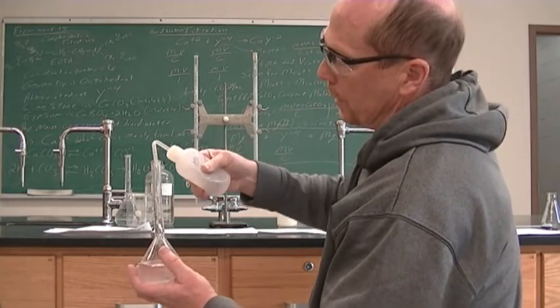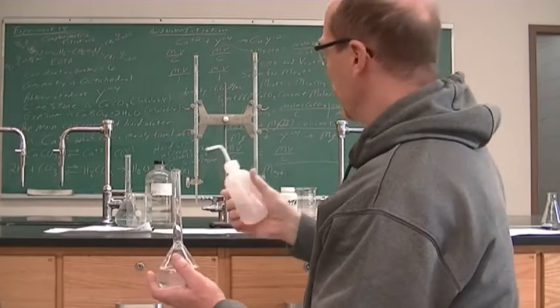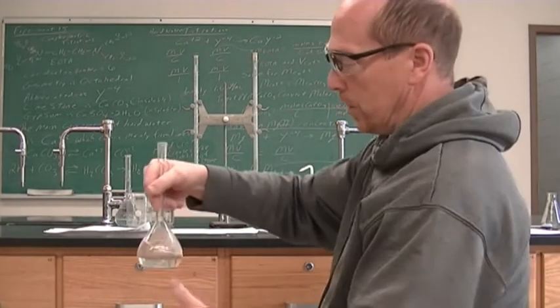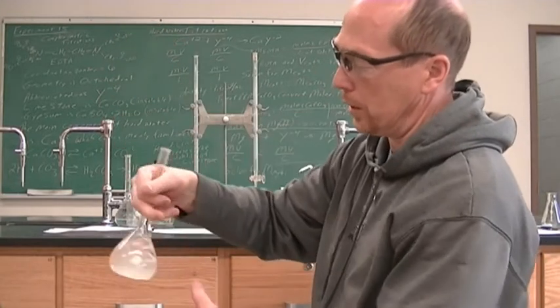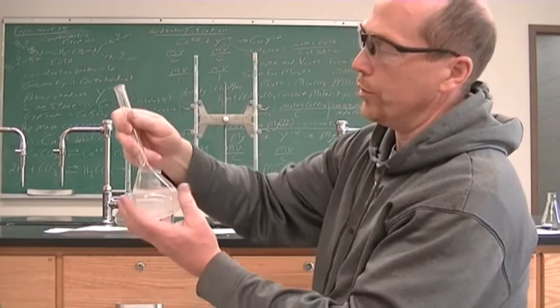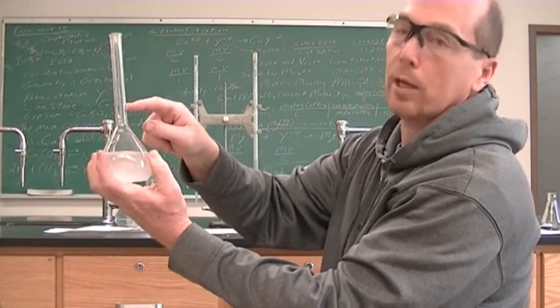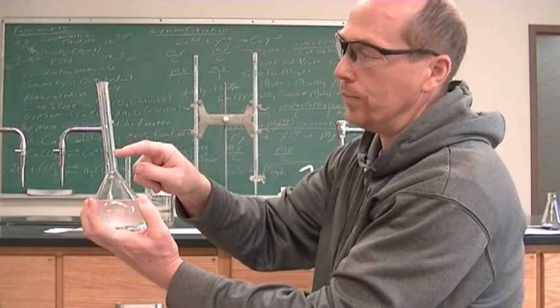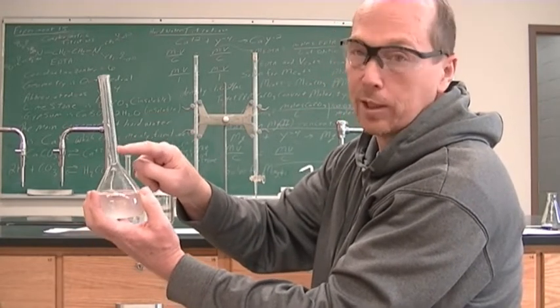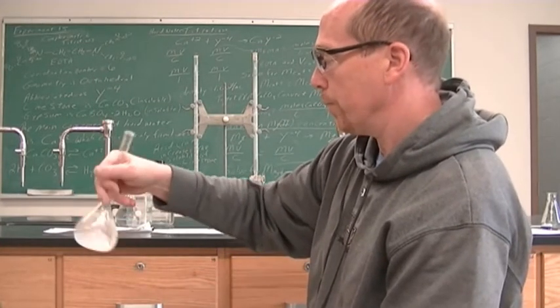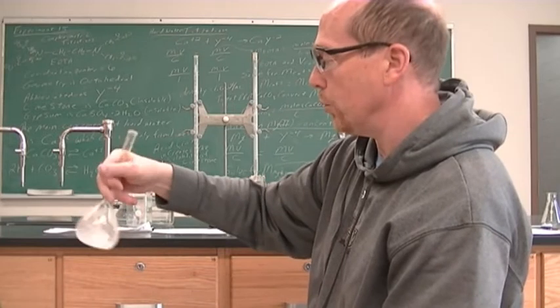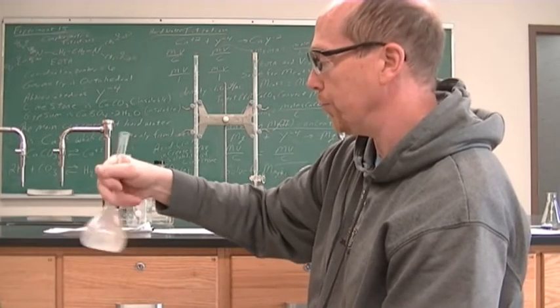To thoroughly make sure it is a homogeneous solution, we are going to put it in a beaker, and then it will be completely homogeneous. When you're adding the last bit of water, the water is going to go up the neck, and this is not going to be the same concentration as down here. And so I'm going to pour it into the beaker where it will mix freely.